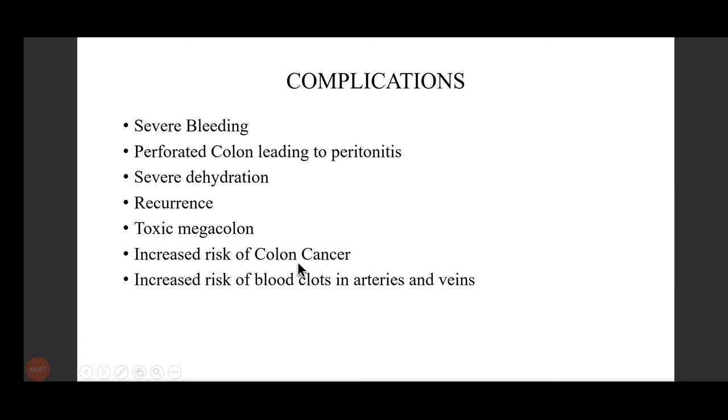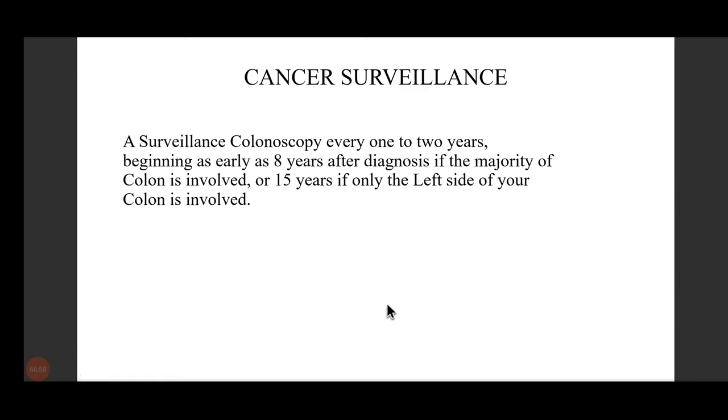Increased risk of colon cancer, also more than Crohn's. Increased risk of blood clots in arteries and veins. Cancer surveillance should be done every 1 or 2 years, beginning as early as 8 years after diagnosis if the majority of the colon is involved, or 15 years if only the left or right side of the colon is involved.